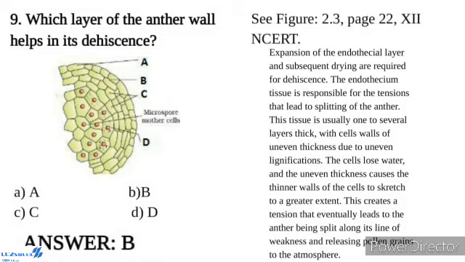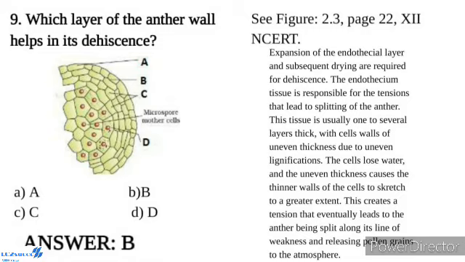Expansion of the endothecial layer and subsequent drying are required for dehiscence. The endothecial tissue is responsible for the tension that leads to splitting of the anther. This tissue is usually one to several layers thick, with cell walls of uneven thickness due to uneven lignification.